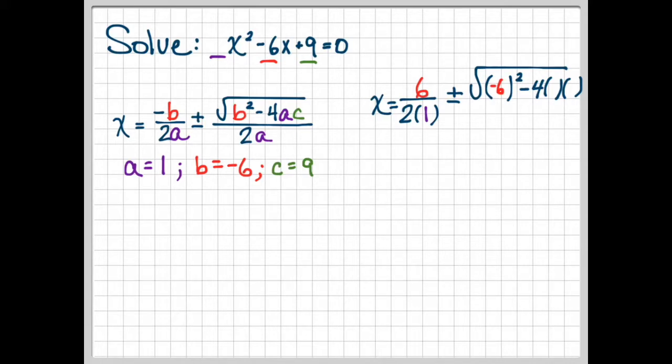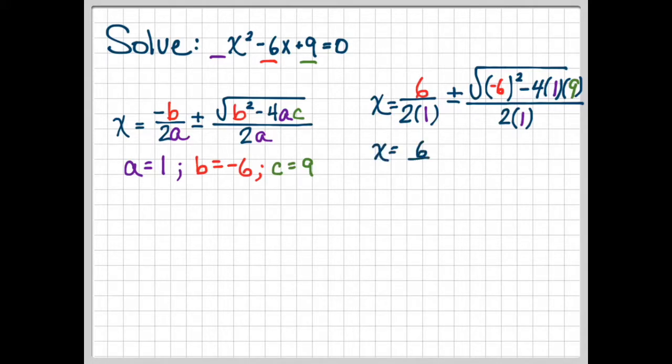So again, A is 1, and in this case our C is going to be 9. So we're color coding it so that you guys can follow along and make sure that you're plugging the values in the correct places. So this is really over 2 times A, which we all know is 1. So from here we're just going to simplify again.